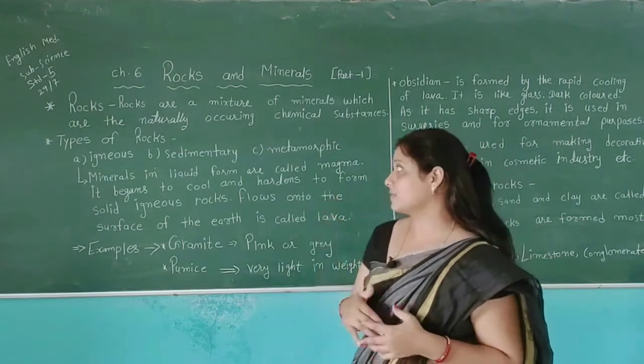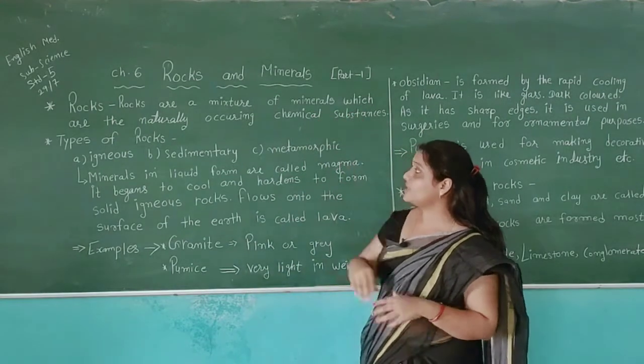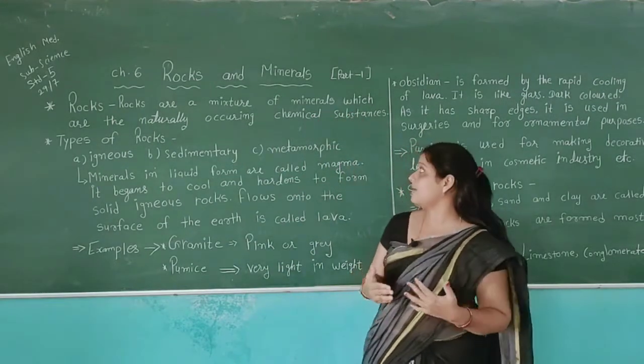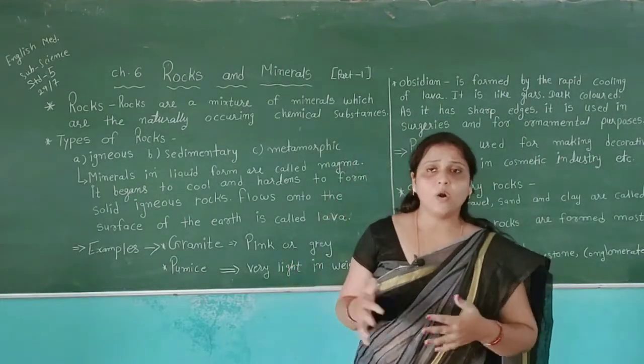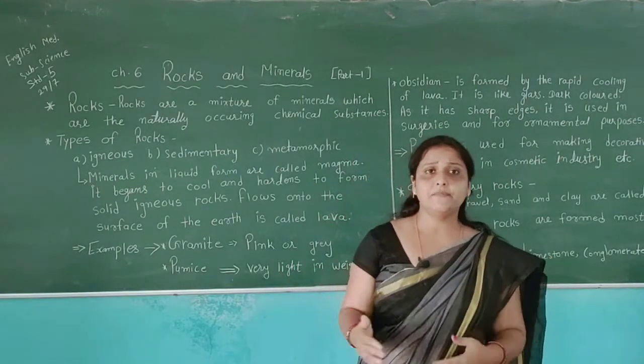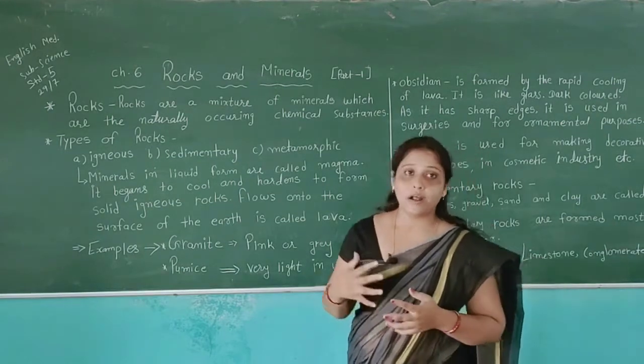First, rocks. Rocks are a mixture of minerals, which are naturally occurring chemical substances. We have already seen different types of mountains and riverbeds around us.